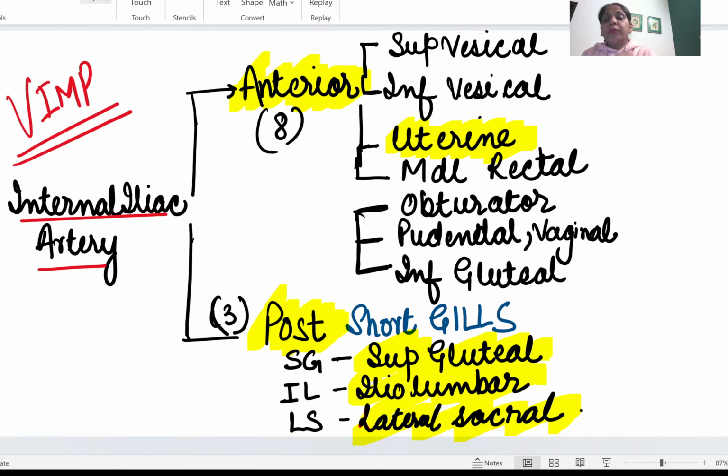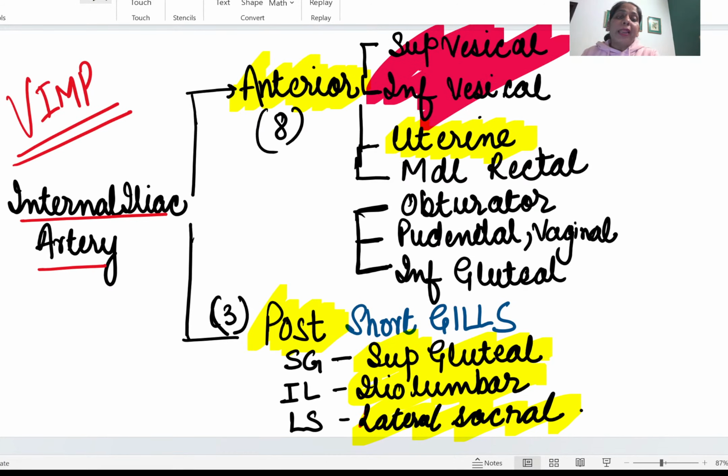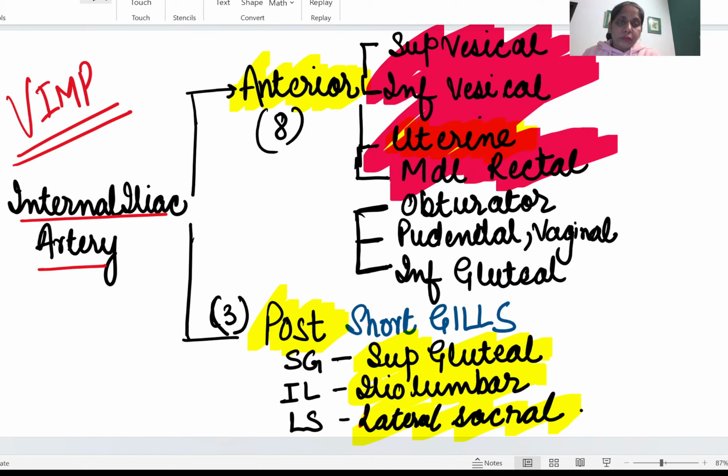So these four branches should be very clear to you, because the bladder is anterior, the uterus is in the middle, and last is the rectum. Okay, superior vesical, inferior vesical, uterine artery, and middle rectal artery.